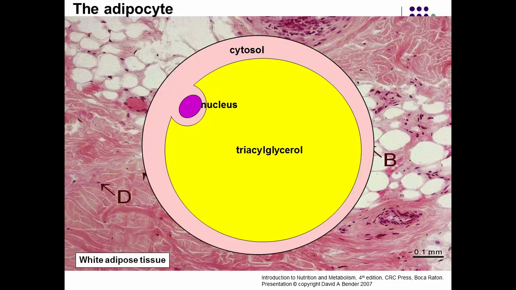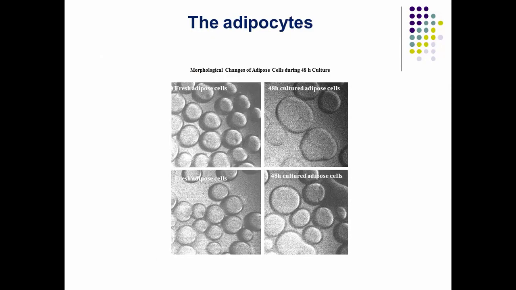The adipose cells. And this is the real adipocyte. You look at it under a microscope, right? It's very different from other types. You can hardly see the nucleus, right? So it looks like just a bubble of oil, filled with the large lipid droplet.